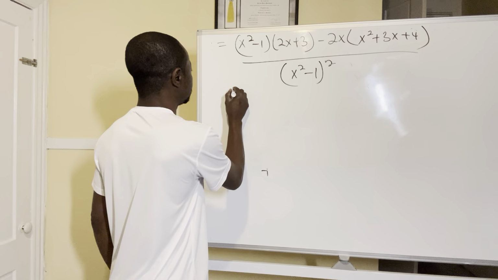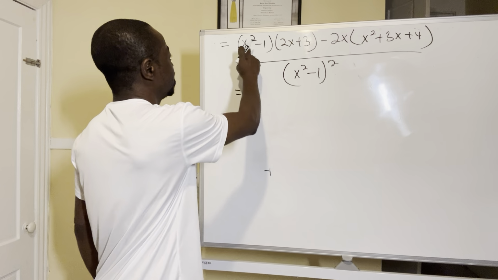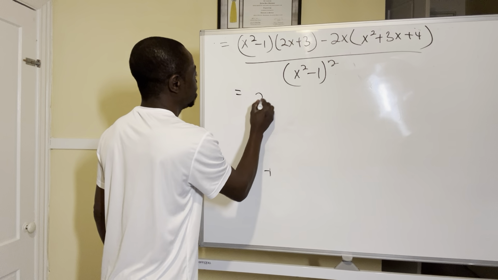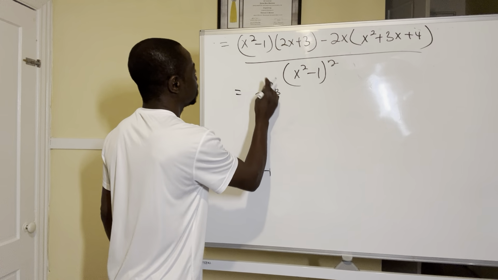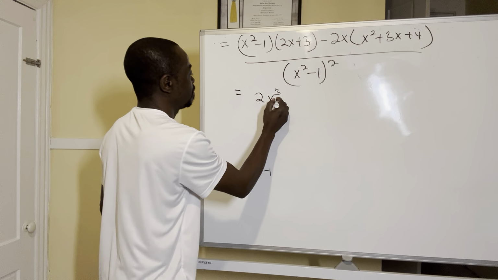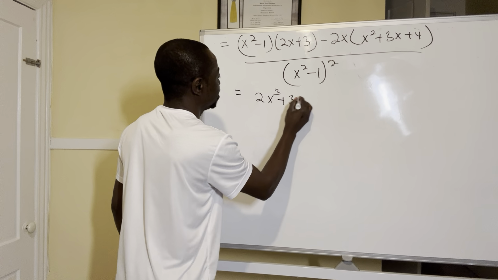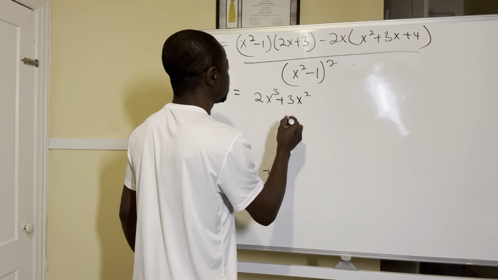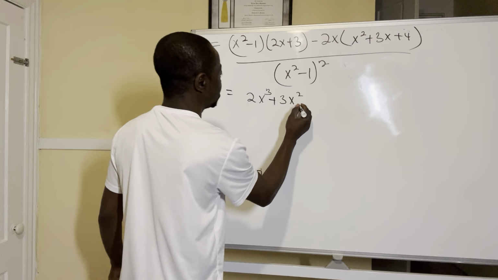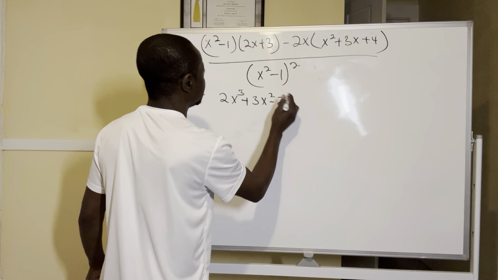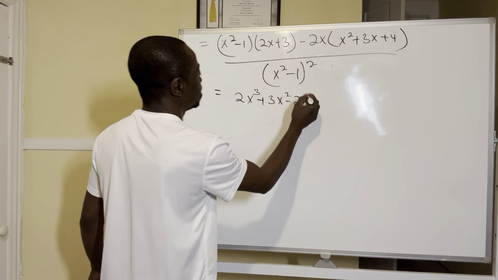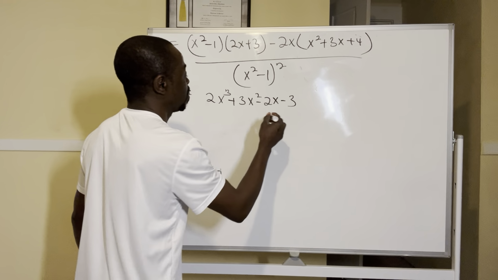All right, so let's now expand. x squared times 2x gives 2x raised to the power 3. x squared times 3 is plus 3x squared. Minus 1 times 2x is minus 2x, and minus 1 times 3 gives us minus 3.